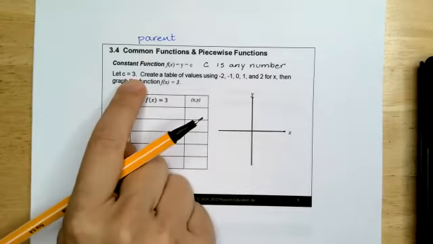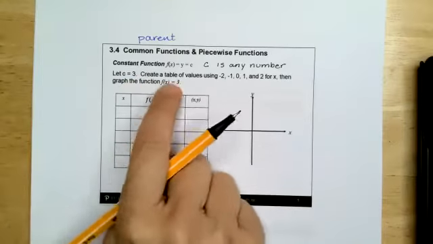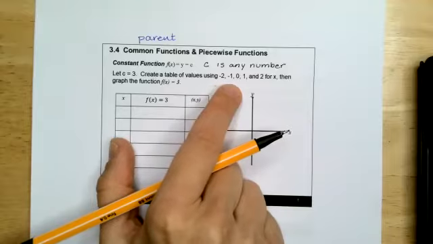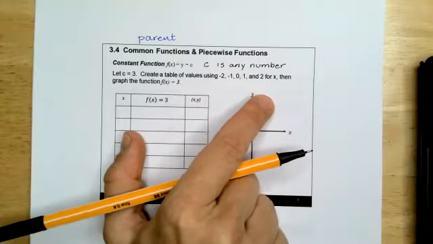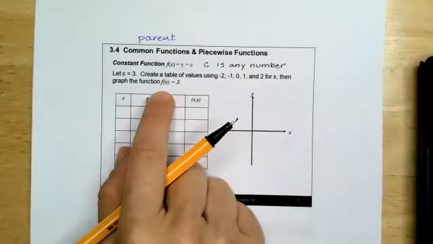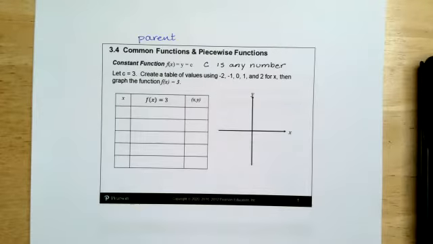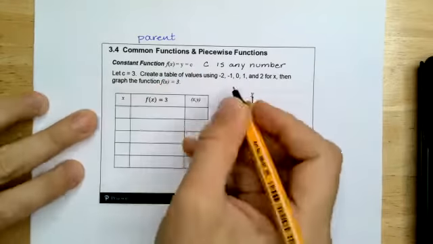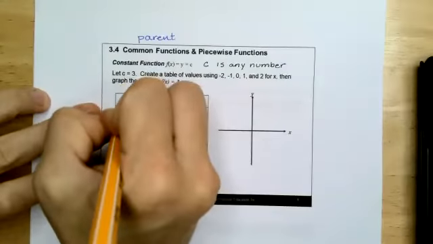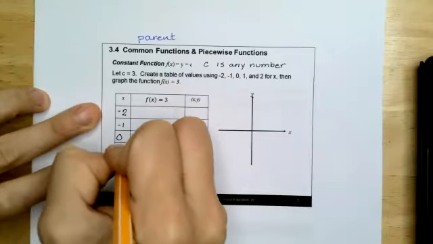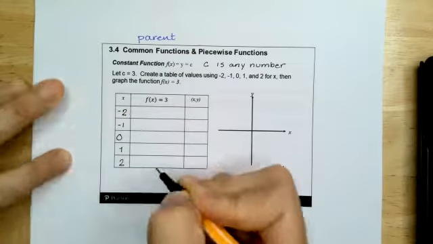Good. Let c equal 3. Create a table of values using -2, -1, 0, 1, and 2 for x, then graph the function f of x equals 3, okay? Let's think about it. When x is -2, -1, 0, 1, and 2.